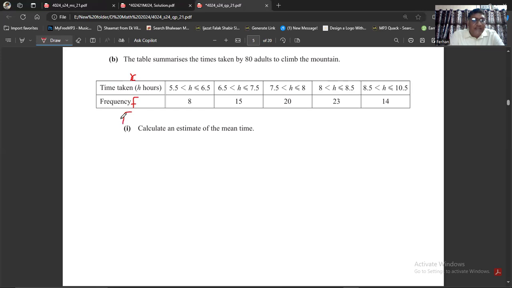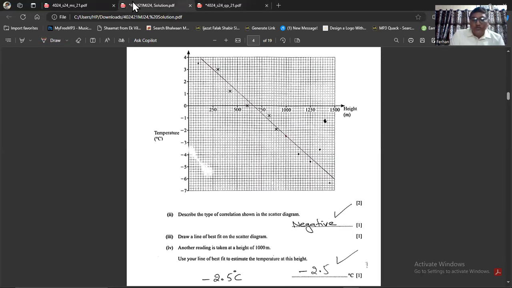So I will multiply the mid value of each class with the frequency of that class, and that will be fx. Then the mean is equal to the summation fx divided by the summation f. Let me show you. I have done this.